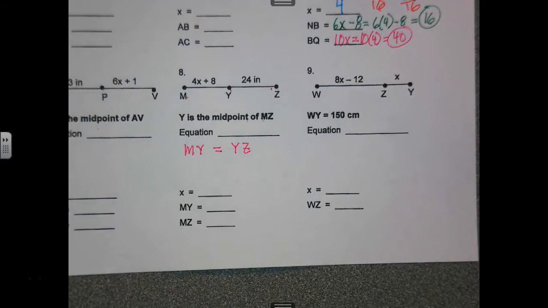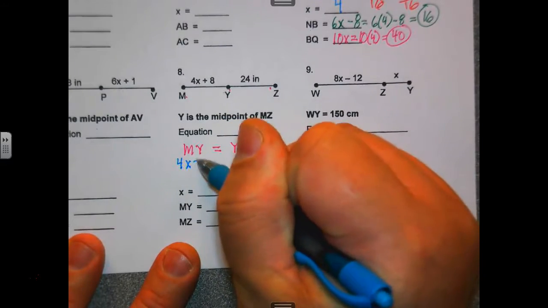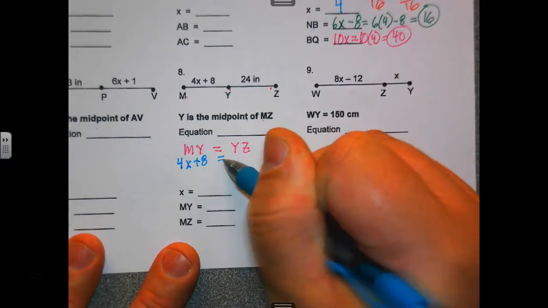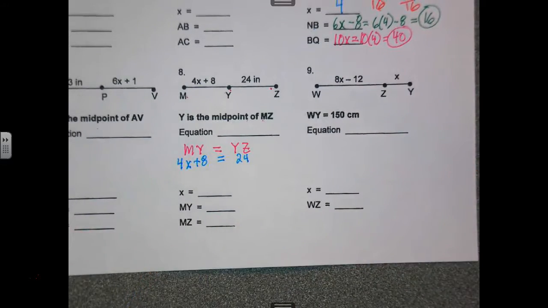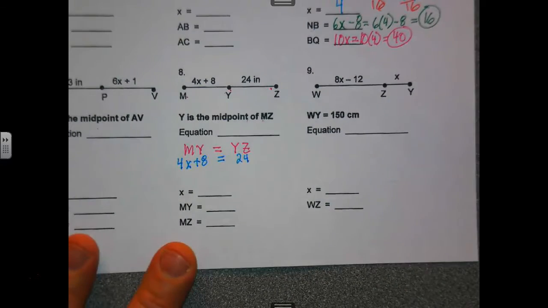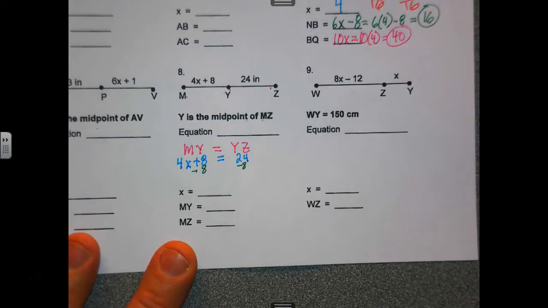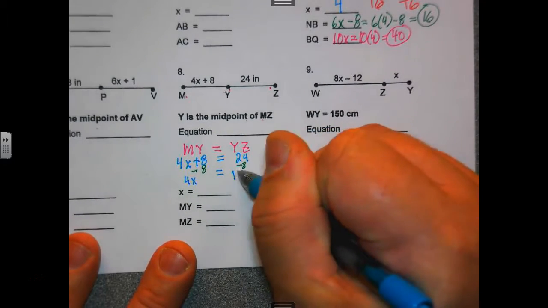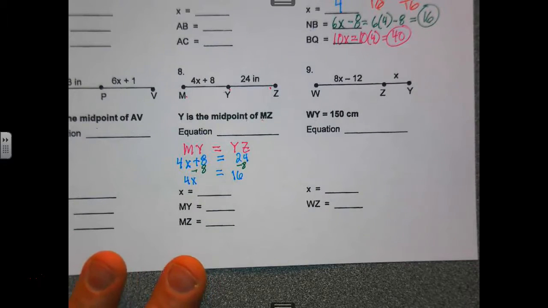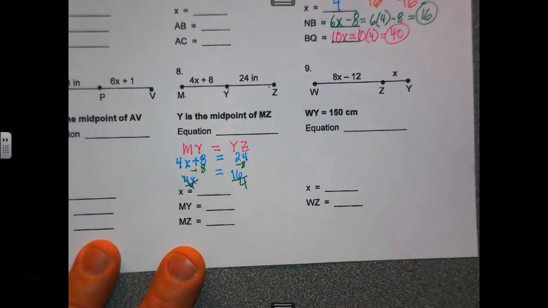So the measurement for MY is 4x plus 8. I know that's going to be equal to 24. Subtract 8 from both sides. I get 4x equals 16. Divide both sides by the coefficient 4. And x equals 4.